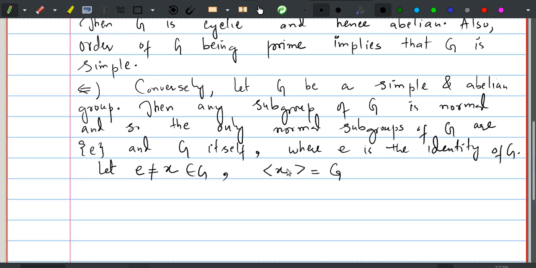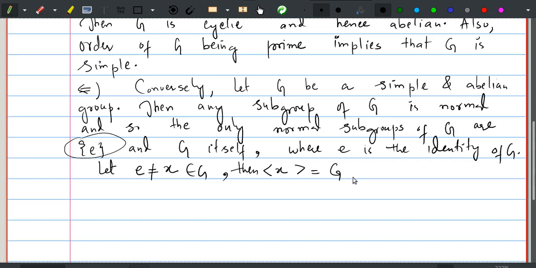So if x is not the identity, x will not generate the trivial subgroup, so x has to generate G.